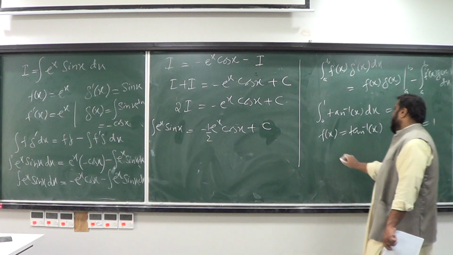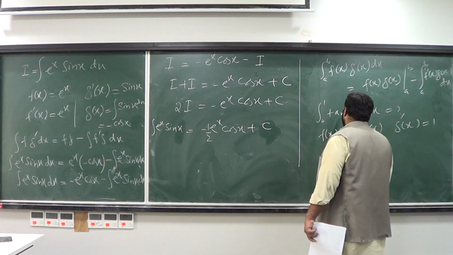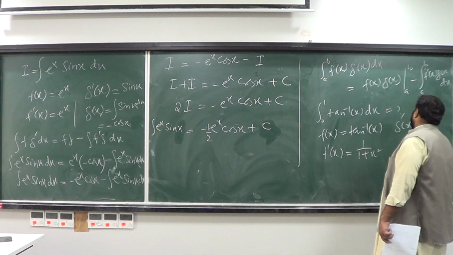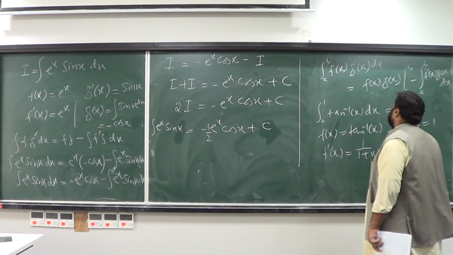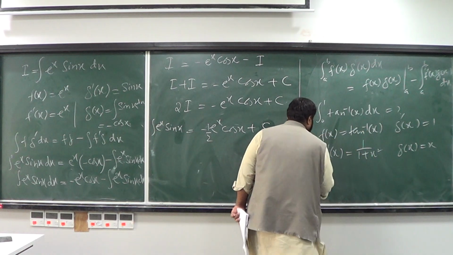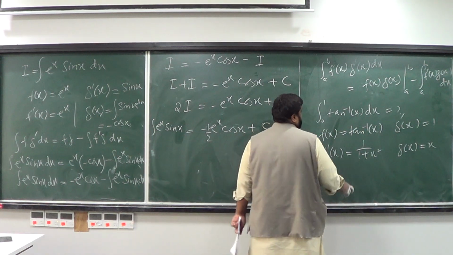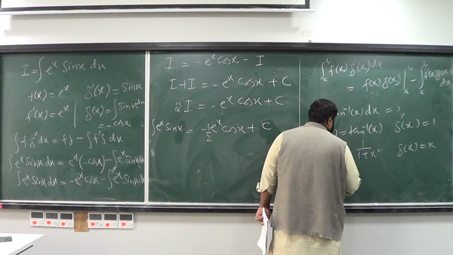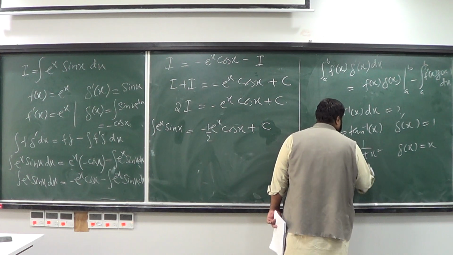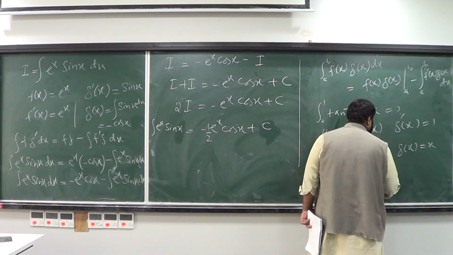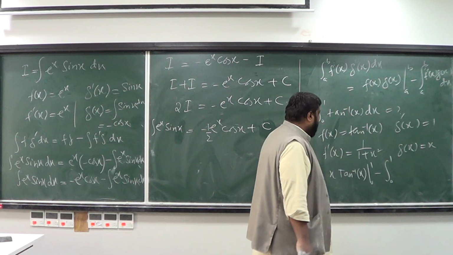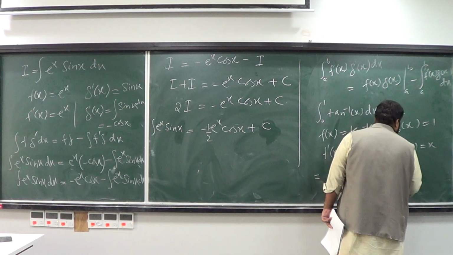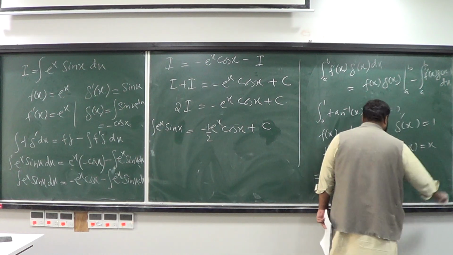Then f prime of x is going to be 1 over 1 plus x squared, and g of x is going to be x. And then if you substitute the values into the formula, you're going to get x tangent inverse x from 0 to 1 minus the integral from 0 to 1 of x over 1 plus x square dx.